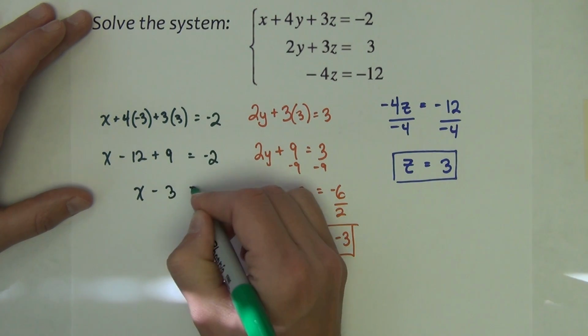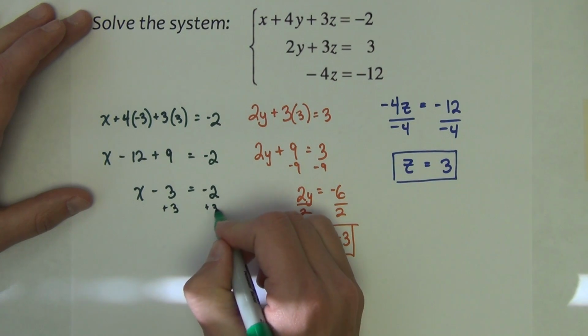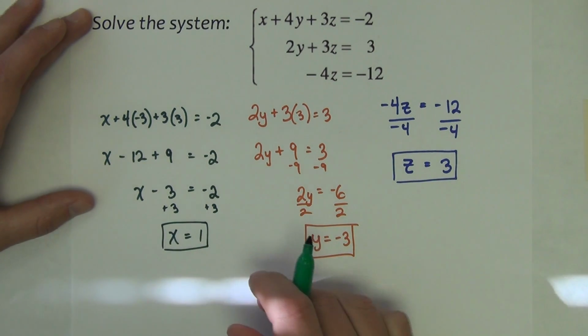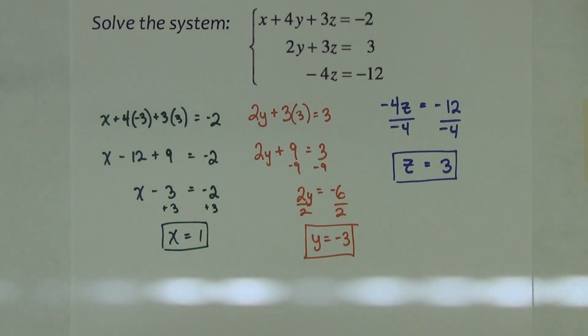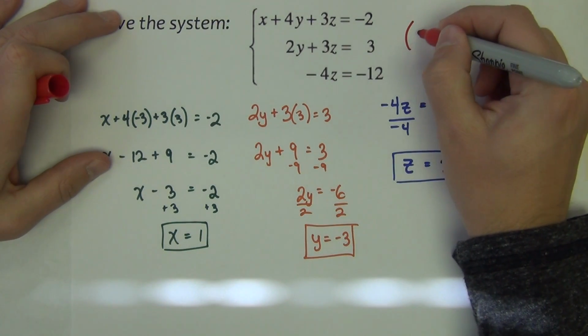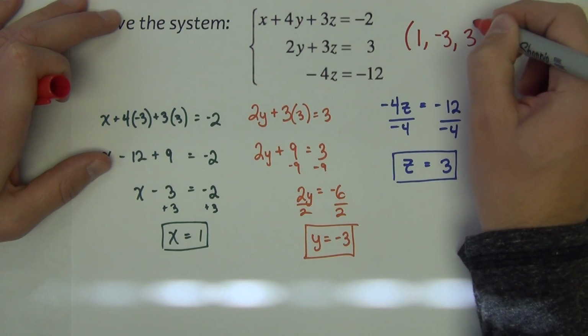That's x minus 3 equals negative 2. And if I add the 3, we get x equals 1. Okay, so our goal was to find the x, the y, and the z, and we have now done that. We typically write the solution as an ordered triple: x, comma, y, comma, z.